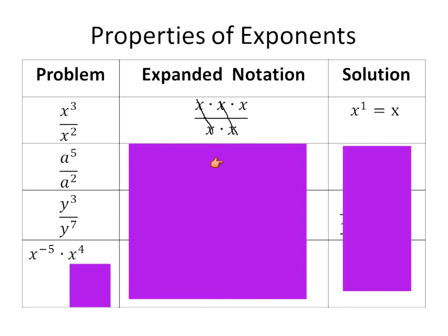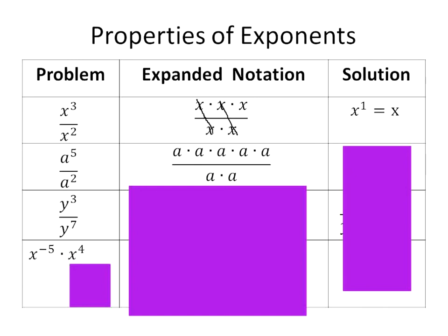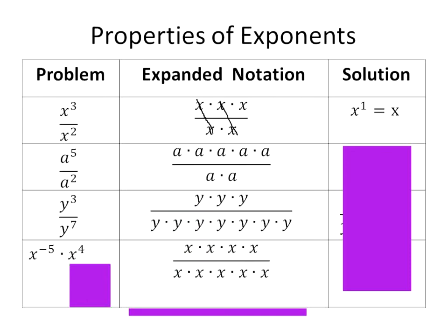All right? Let's look at the next one. Most of you did a good job with that one as well. Okay? So you wrote those down. And most of you got the -5 and got the 5 x's in the denominator, which is really good.